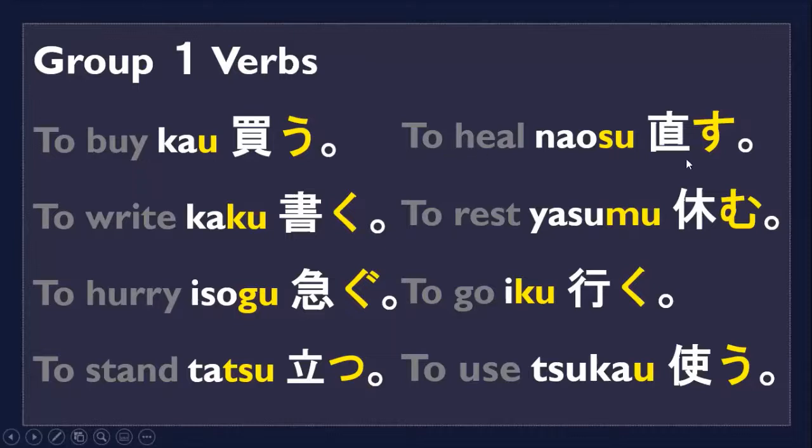To heal is 直す, naosu. To rest is 休む, yasumu. To go is 行く, iku, and to use is 使う, tsukau. So please try to change all of these to te form. You can practice it. Now let us look at where they are used.